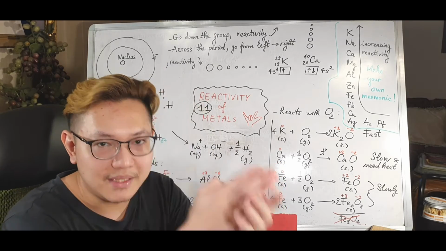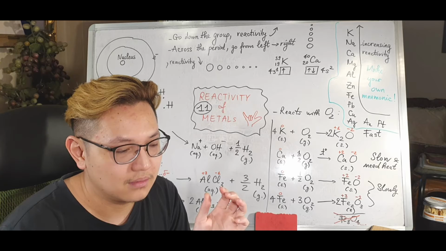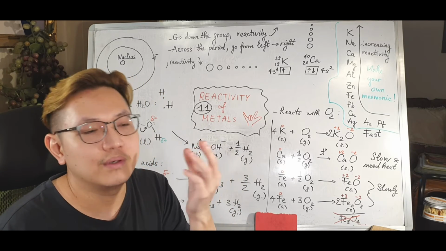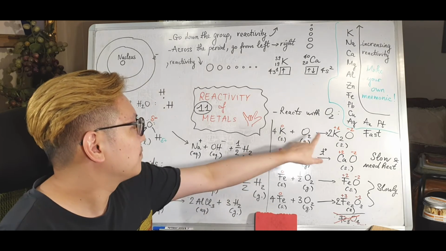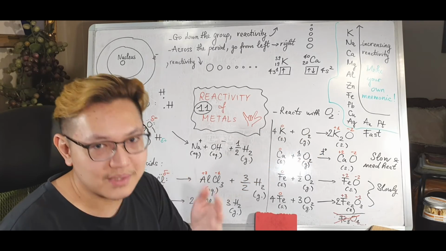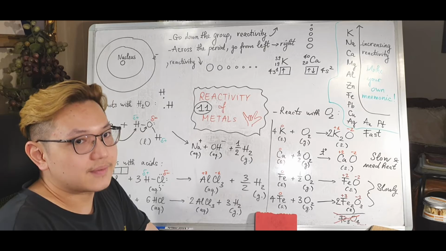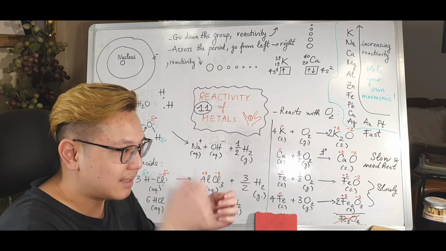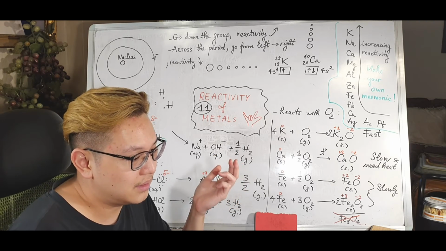If you cut a piece of potassium out, within a few seconds, that piece of shiny potassium solid will absorb oxygen immediately and become darker. So we say the potassium is oxidized in that oxygen gas. It's very fast. You don't even need heat, just a few seconds. You cut it out and then immediately it reacts with the oxygen in the air.